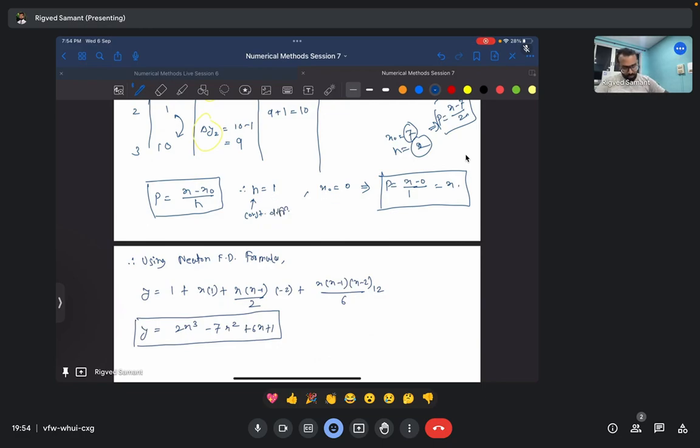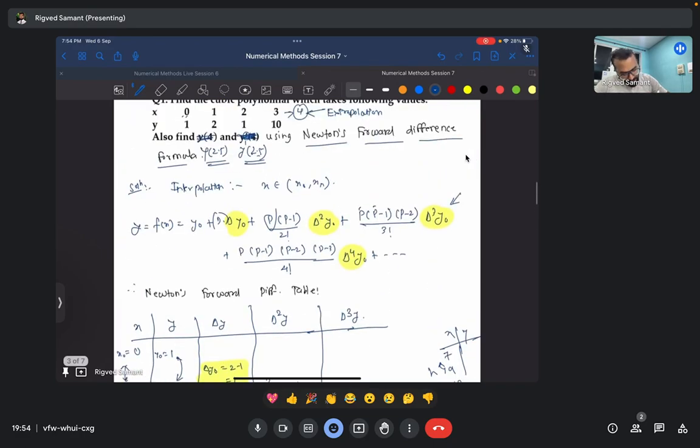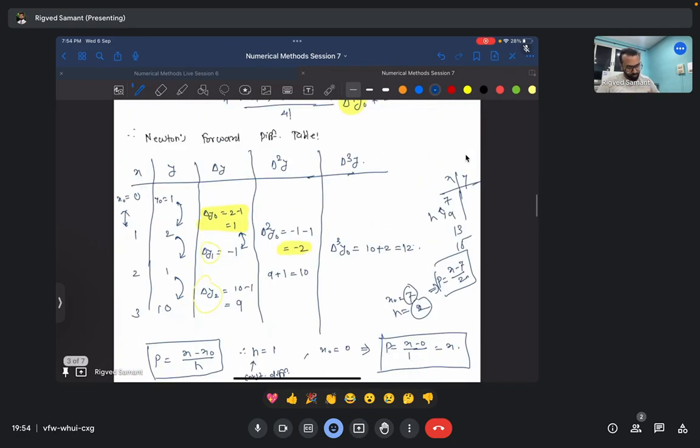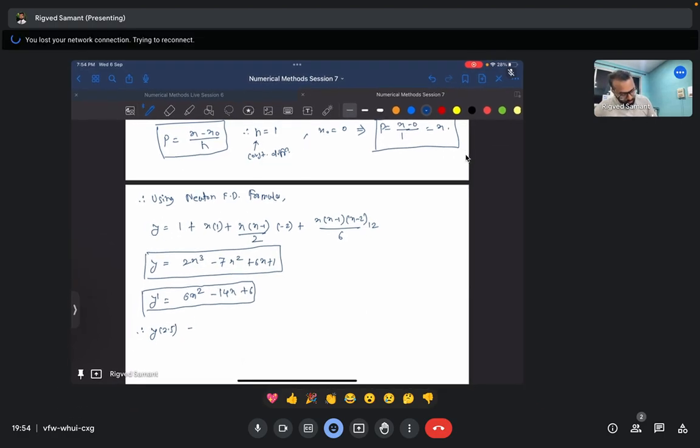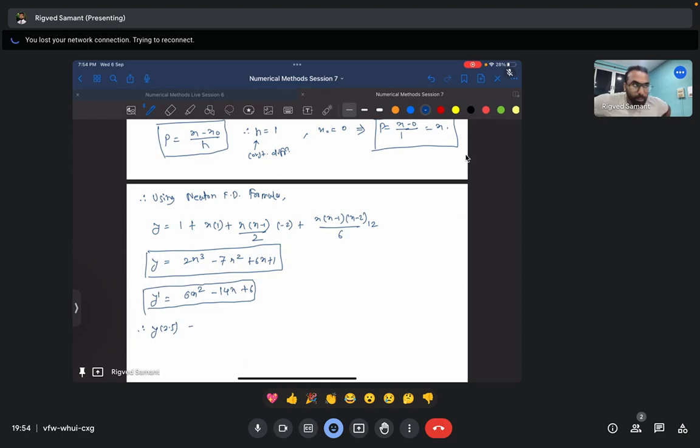Now what you wanted to find, y of 2.5 and y dash of 2.5. So you also require y dash, right? You just have to take a first derivative, that is 6x square minus 14x plus 6. Now therefore y of 2.5, you will put 2.5 in this equation and get the value. So I'll just do it, 2 into 2.5 cube. So you get it, right? I'll just give you the final value. I'll just get my calculator.